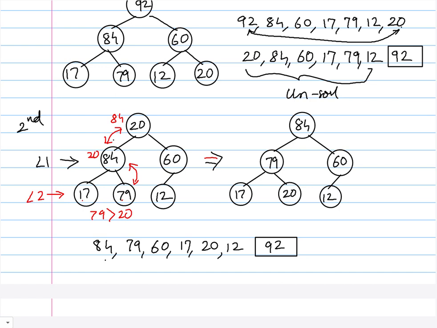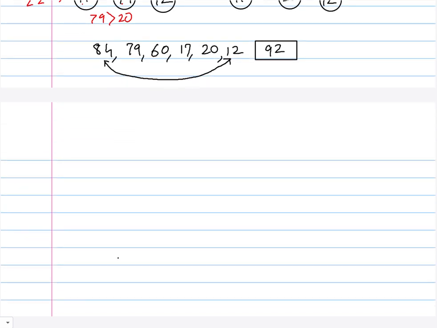Root is 84, and we'll place it at the last position, and the last element we'll add at the root. So now your array becomes 12, 79, 60, 17, 20, and your sorted array will now have 84 and 92. So this is after the second phase.